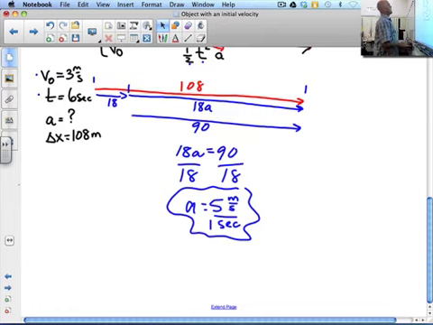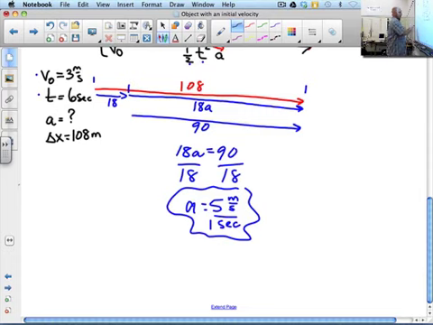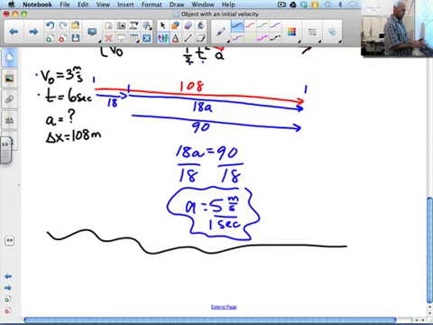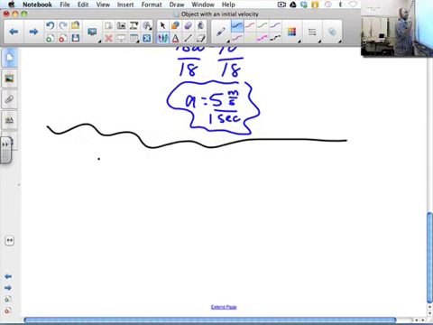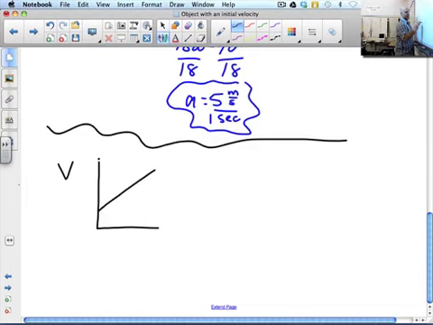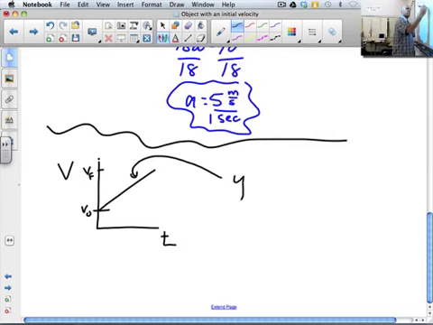Now, to find the final velocity, we do the same thing. We can look at our velocity graph. It looks like this, right? And we have an initial velocity here. I have a final velocity here. And writing the equation of this line, okay? Equation of the line is y equals mx plus b. No, that's not the line.